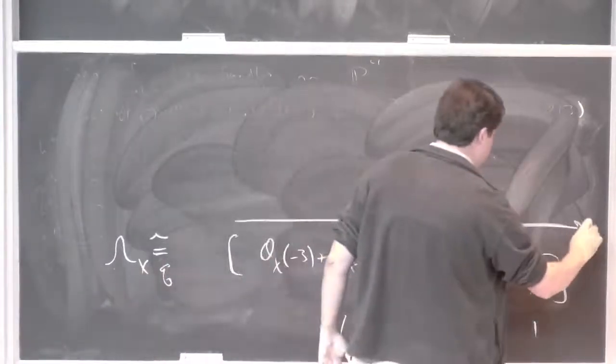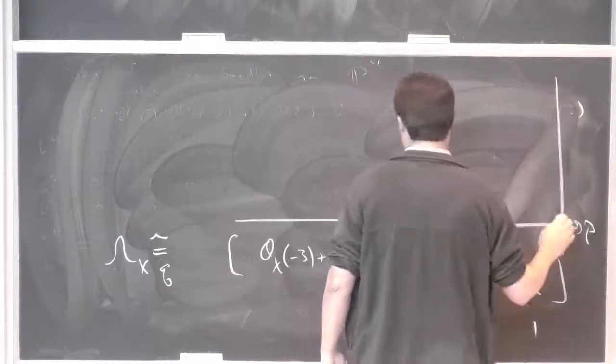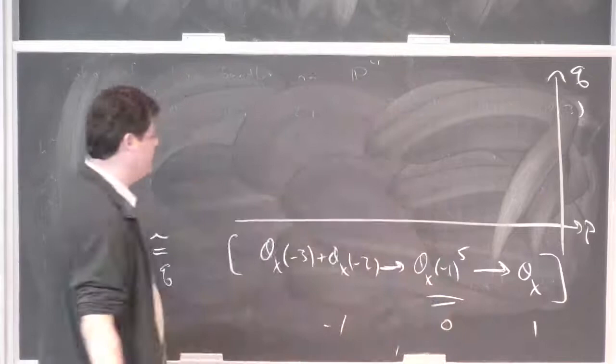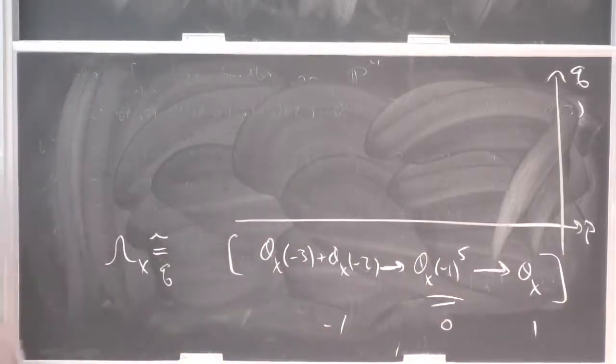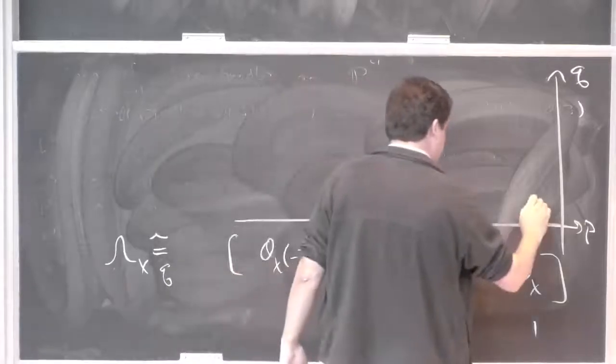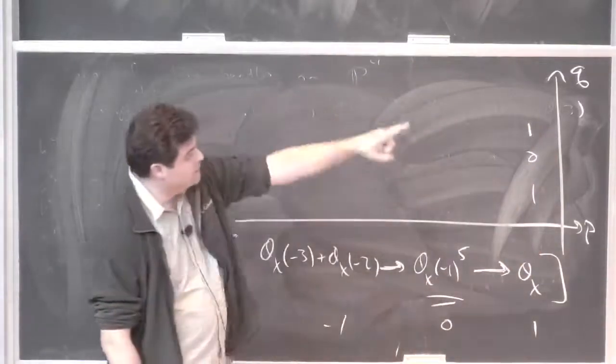So here's our p direction, and here's our q direction. I should put the cohomology of these three terms going up. So I get 1, 0, 1, looking up there.